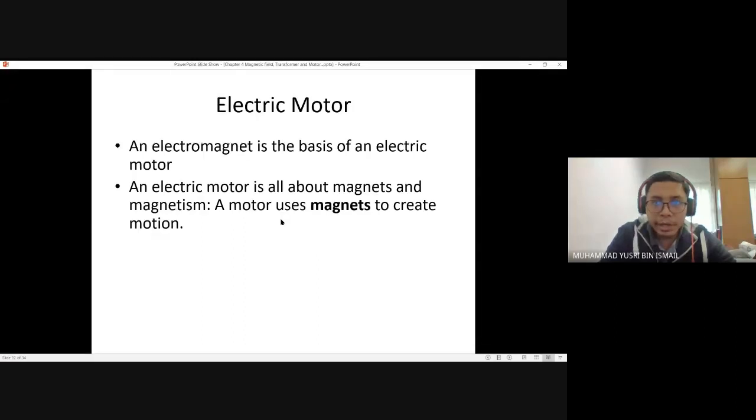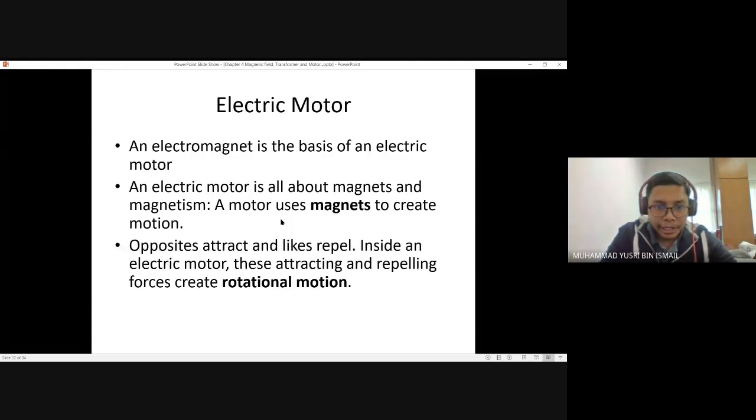An electric motor is all about magnet and magnetism. A motor uses magnet to create motion. Opposite attract and likes repel inside an electric motor. These attracting and repelling forces create a rotational motion, rotational motion by the commutator.